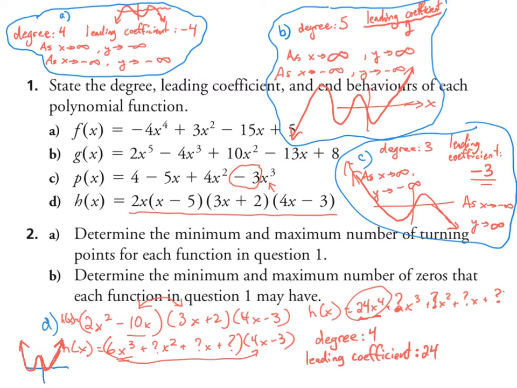So the left and the right are up high. So as x approaches infinity, to the right, y gets really big, so y approaches infinity. As x approaches negative infinity, way to the left, y still gets really big, so it approaches infinity.